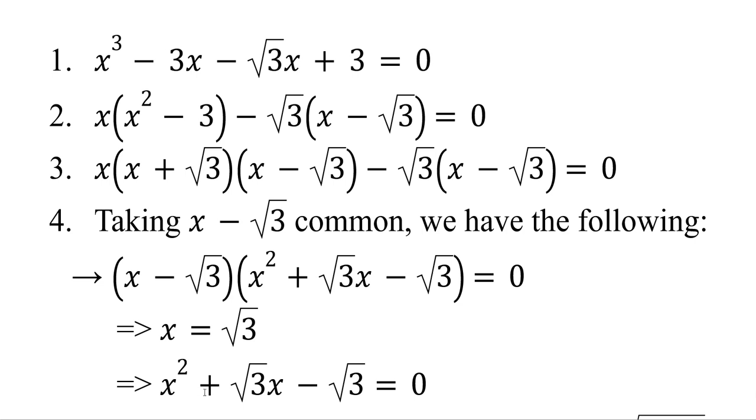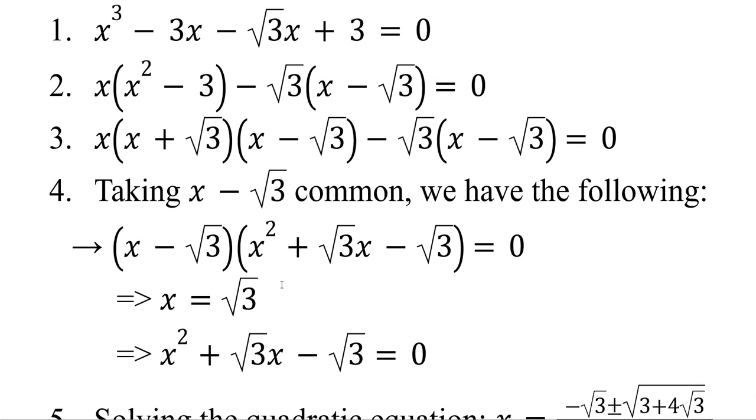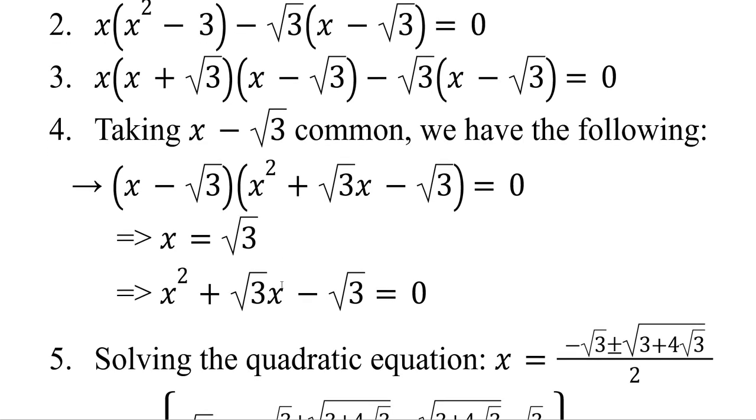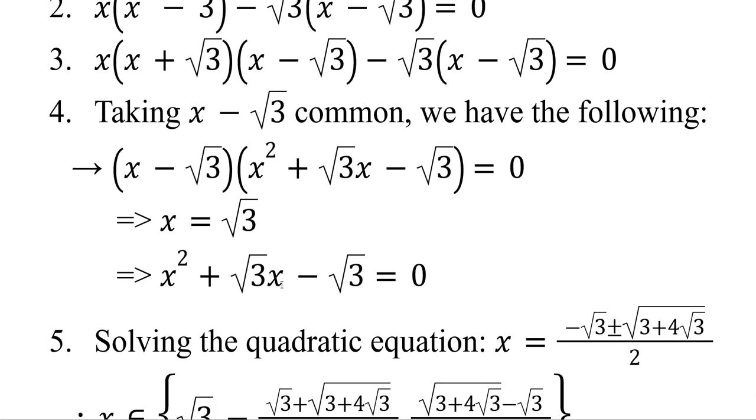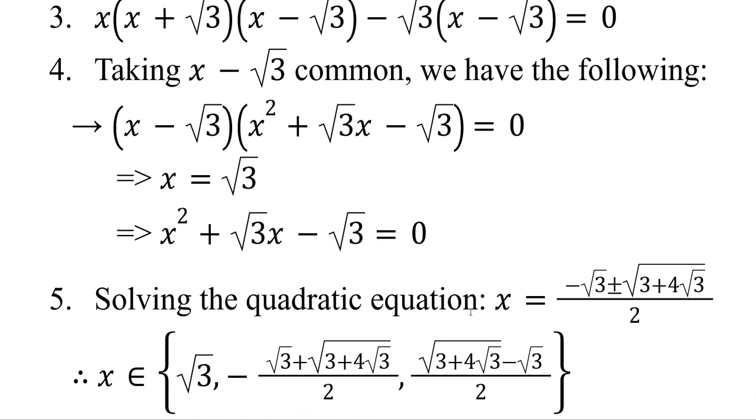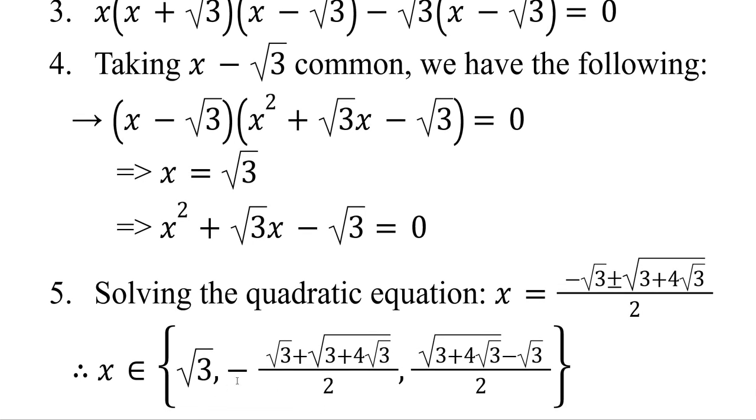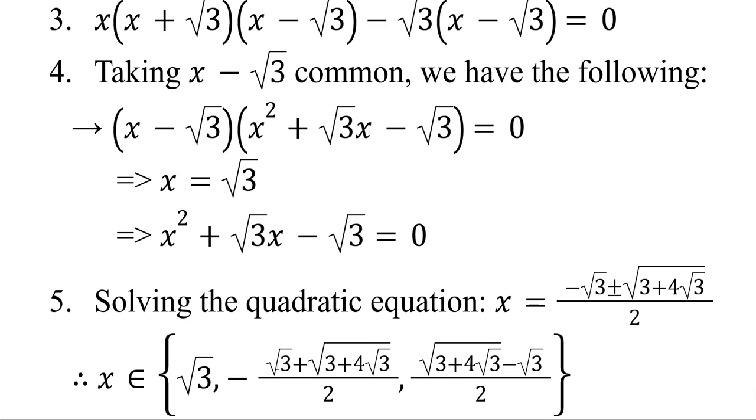All you have to do is use the formula minus b plus or minus root b squared minus 4ac by 2a, and a is generally 1, so you just have 2 in the denominator, as you can see here, and then those are our final set of roots. So you just have root 3, minus root 3 plus root 3 plus 4 root 3 by 2, and minus root 3 minus root 3 plus 4 root 3 by 2. And those are your 3 roots.